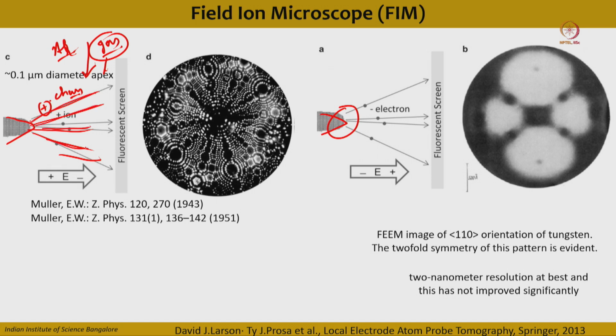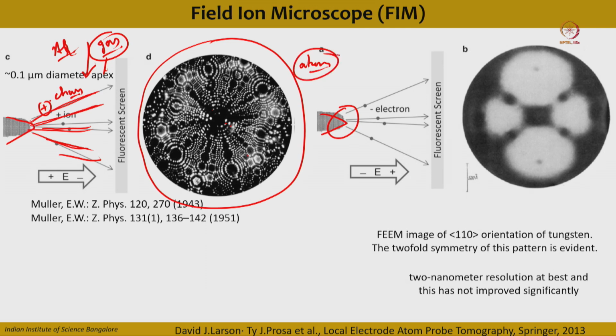And he kept one fluorescent screen, and these accelerated positive gas ions hit the fluorescent screen, and what you are seeing here is an image which is recorded when these positive ions are hitting the fluorescent screen. And here, strikingly, you can see that each dot corresponds to one atom.